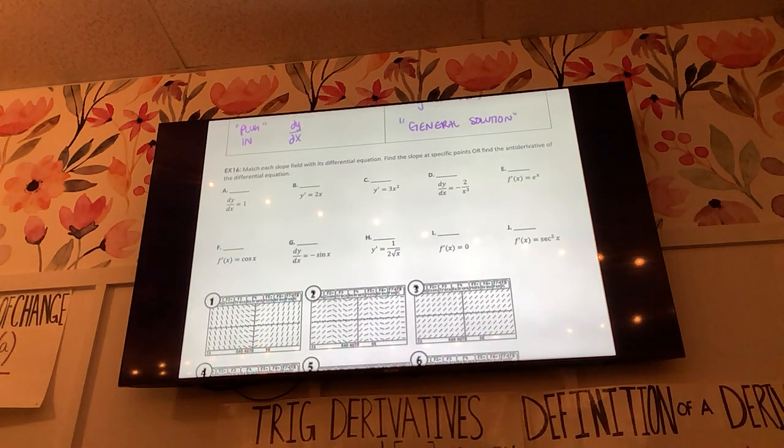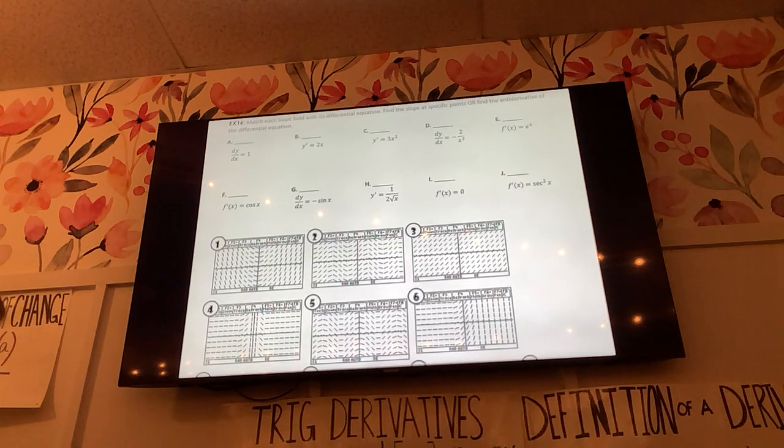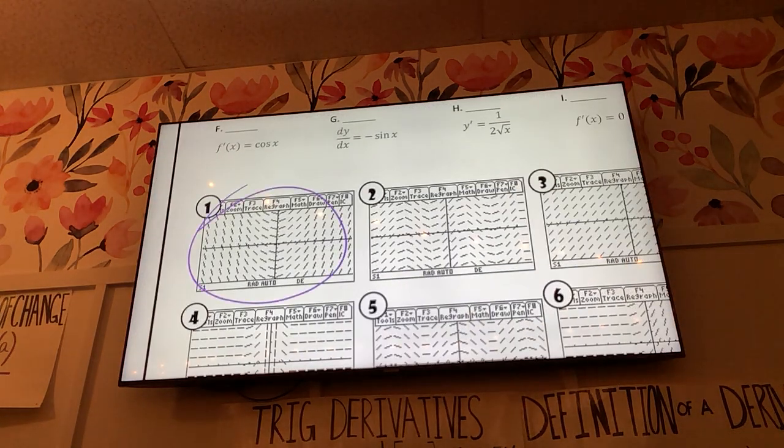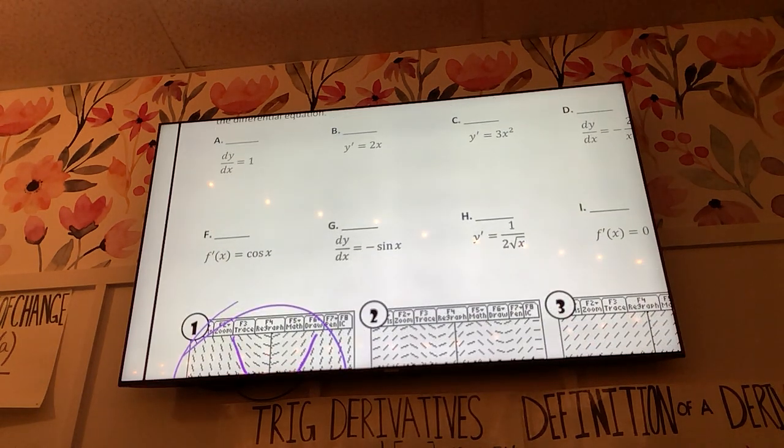Down here we have this matching. What kind of equation does number 1 look like? Like if you were to draw a quadratic, it looks like a quadratic. It is not C though, because these are the derivative. Does that make sense? The derivative gives you the slopes, but it doesn't create the graph. It creates the graph of y, regular y, like the integral.